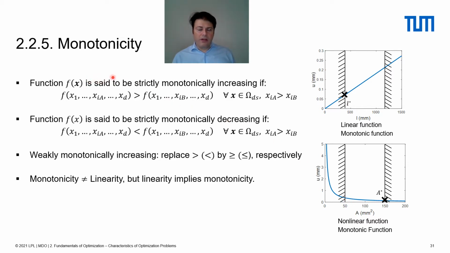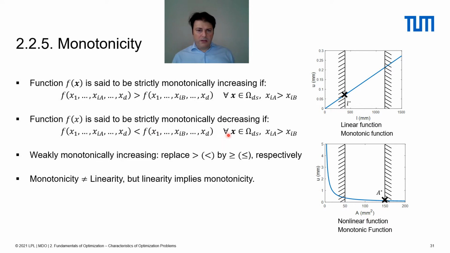Mathematically speaking, we can say that a function f of x is strictly monotonically increasing if this function value, where for the ith variable we use the value x_i^a, is larger than this function value, where we, for the ith design variable, use the value x_i^b, and x_i^a is larger than x_i^b. So this would define monotonicity with respect to the ith variable.